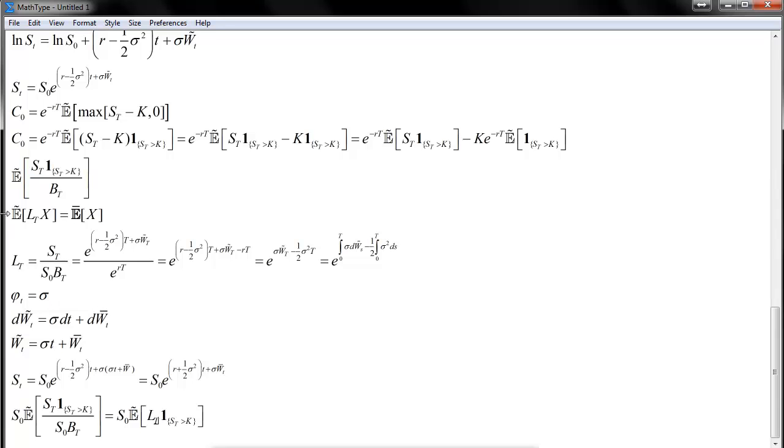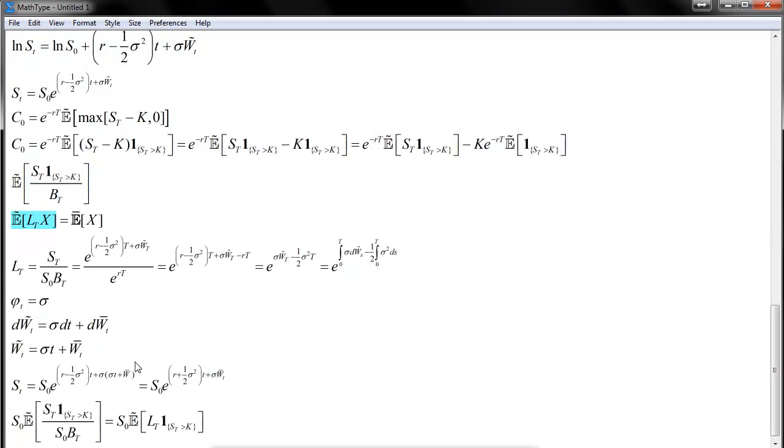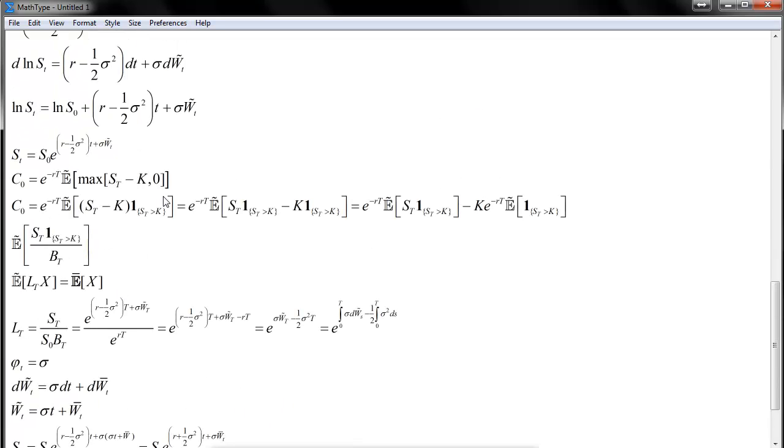Okay, and like I said before, the random variable X is equal to just the expectation of X under the new measure. So this is equal to S0 times the expectation of the indicator function, where the S has the dynamics defined over here. Okay, so let's go back again to this formula.